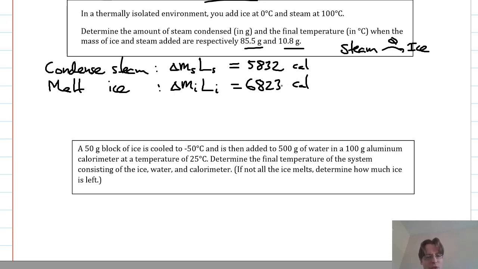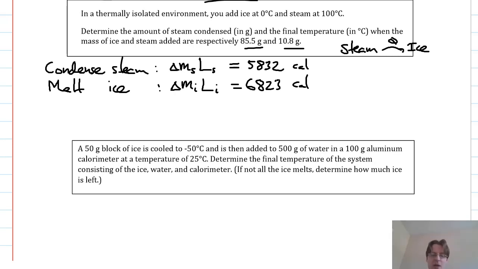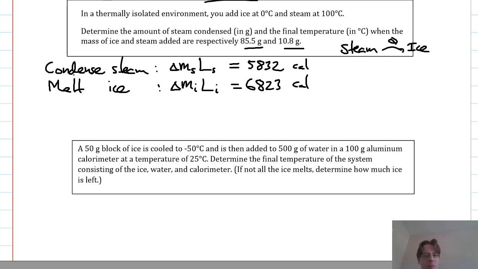But the point is, at this stage, I've got hot water from the condensed steam and I've got cold ice water together. The process is not done. What's going to happen is the hot water is going to continue to cool off and melt more of the ice and warm up that melted ice water, and they're going to reach some final temperature somewhere between 0 and 100 degrees Celsius.